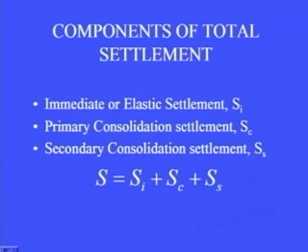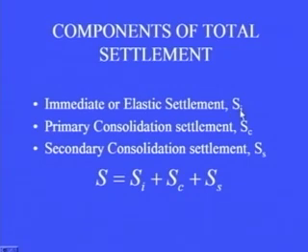The components of total settlement are immediate or elastic settlement, which we represent by SI, primary consolidation settlement, which we represent by SC, and secondary consolidation settlement, which is something like creep behavior, which we indicate by SS.